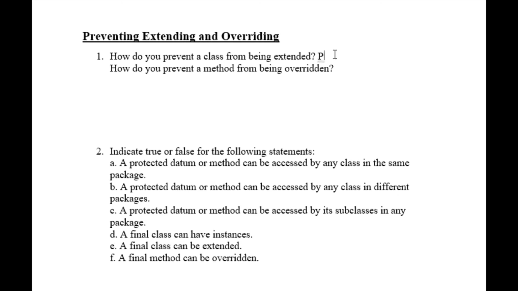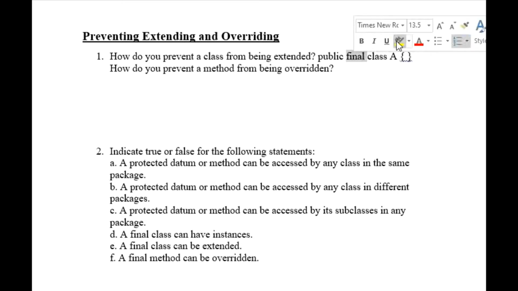For example, if you want to have a public class, let's say public and then final and then class and then the class name A, and then whatever statements follow. When you have final, this class cannot be extended. For a method, do the same thing.